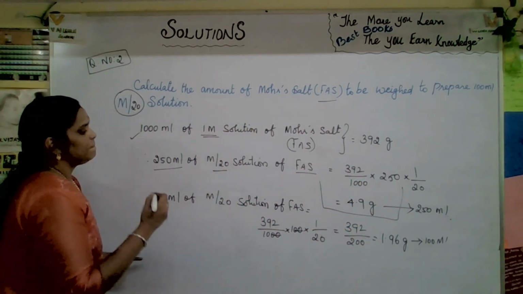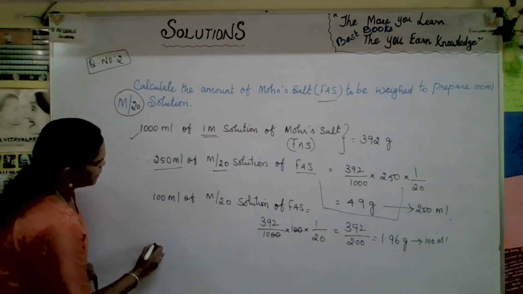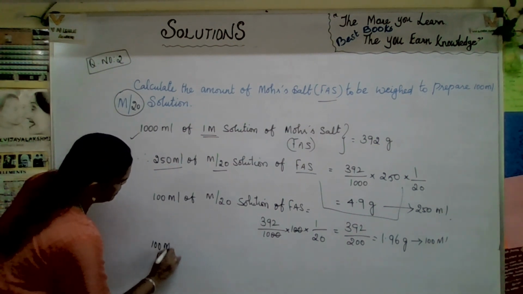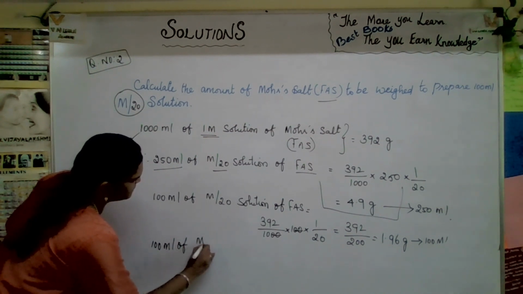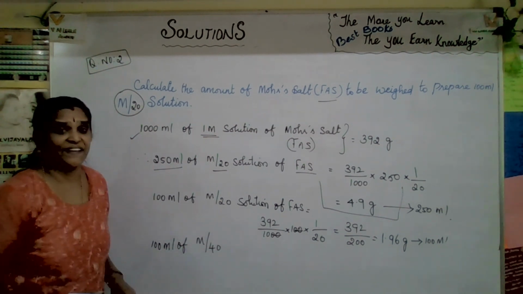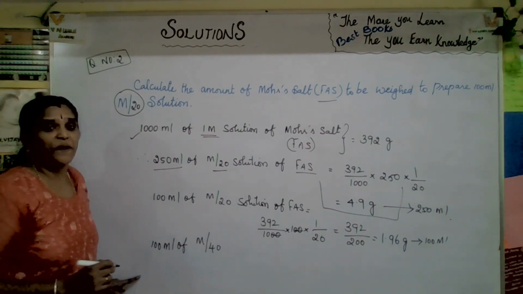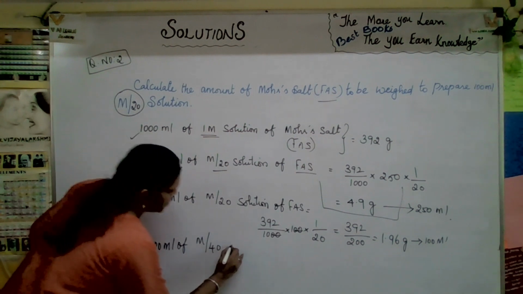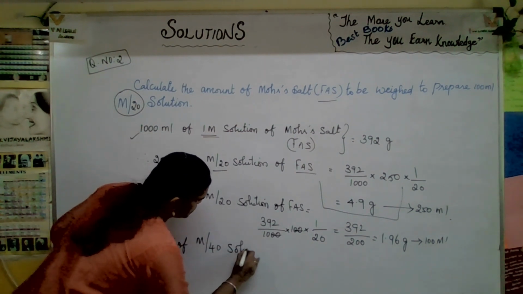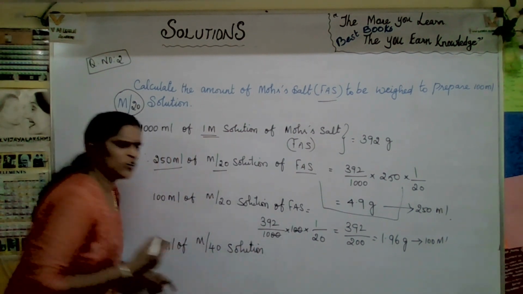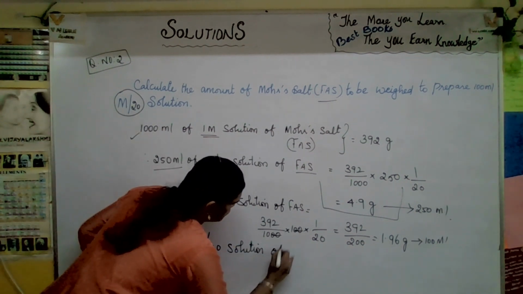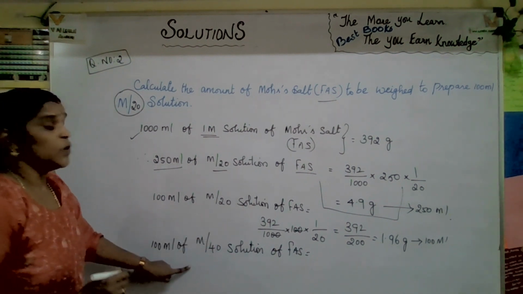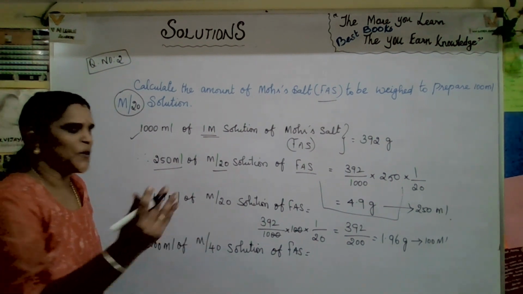Right? Okay. Now suppose, the same idea, 100 ml of M/40 if they are giving. See, from one question only, there are so many ideas you are getting. So M/20, M/20, M/40 solution. This is actually a concentration of the solution of FAS. Okay, I hope you got an idea. So before I could write that sum, you are able to write.